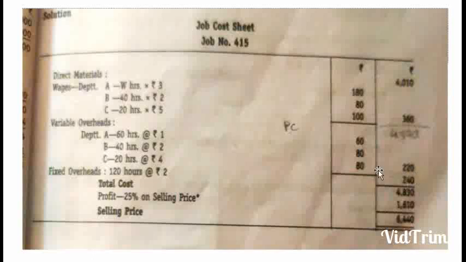So next in the question they have stated fixed overhead. Fixed overhead will remain same. The rate for it will be the same. The fixed overhead cost will never fluctuate, whatever will be the number of hours. So the cost will remain same for all the departments irrespective of the number of hours. So here what is the total hours A, B and C have worked? 60 plus 40 plus 20, which will give you 120. So for 120 hours at rupees 2.